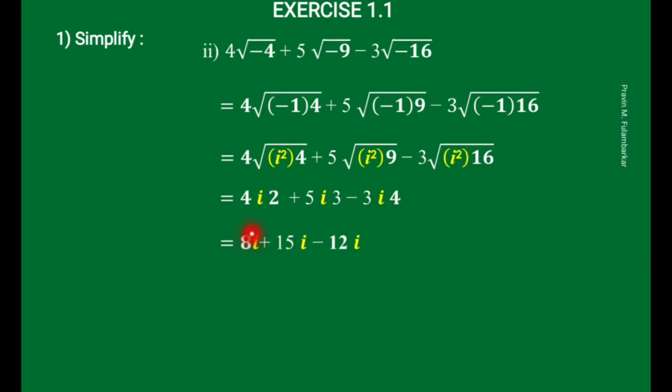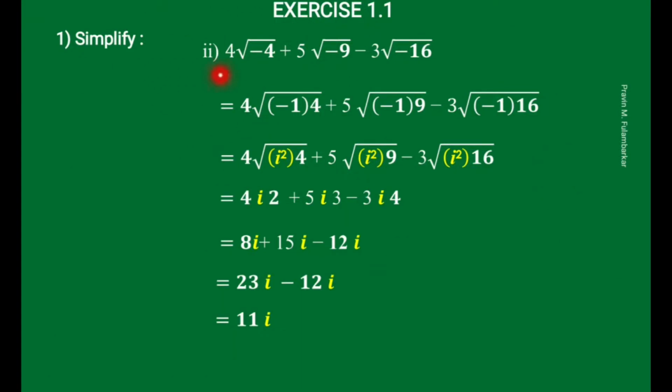So we write here 8i, 15i, minus 12i. Now add these terms, 8 plus 15 we get 23, 23 minus 12. So we write 23i minus 12i. So we get here 11i.